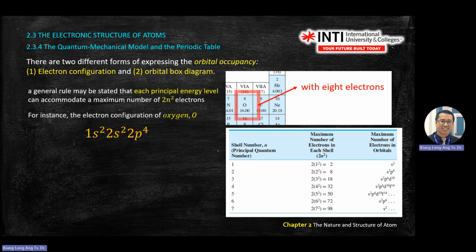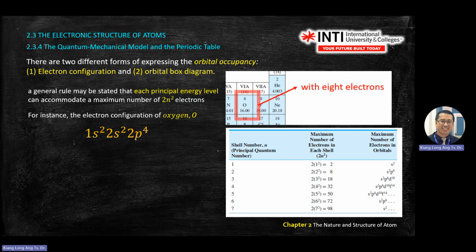This one has 2, this is the max. This is 8. This is 16? Right, 2n squared, n is 3, 3 squared is 9, 9 multiplied by 2 is 18.